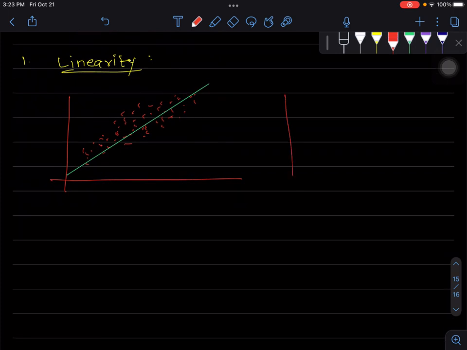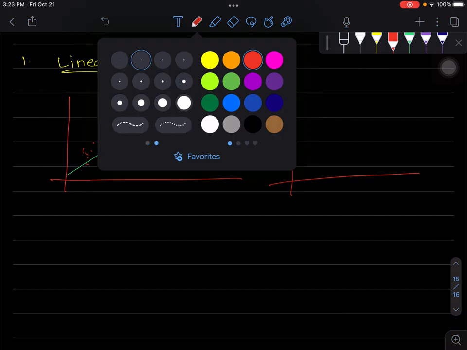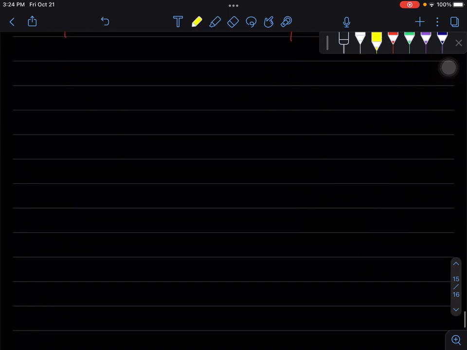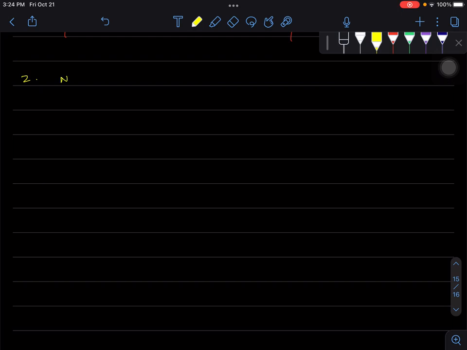If it looks like this, if those are the data points, and we try to fit a line here like this or like this, then that would not make sense because it will not be able to represent all the points as well as it should. So that's linearity.